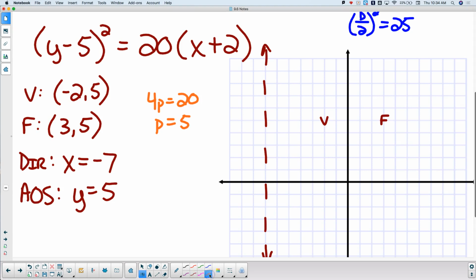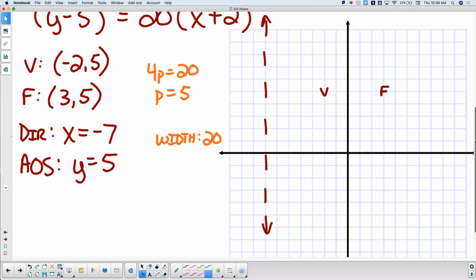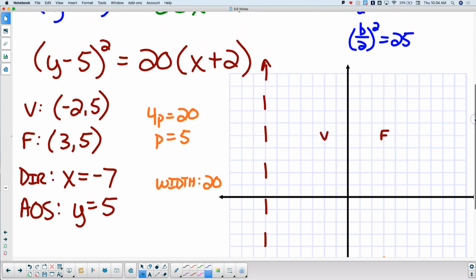And my width would be 20, which means I need to go 10 up and 10 down. 4, 6, 8, and 10. Scientific measuring going on there.